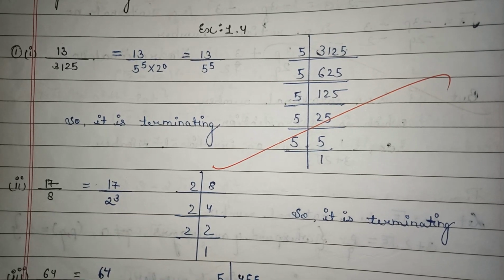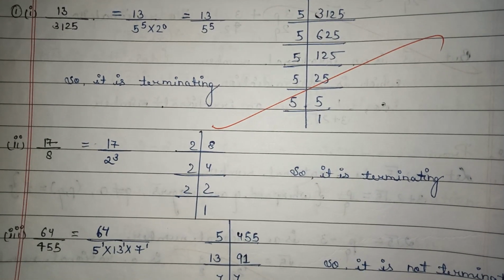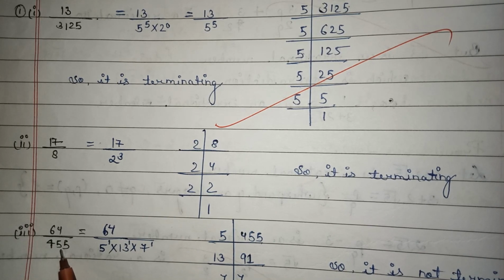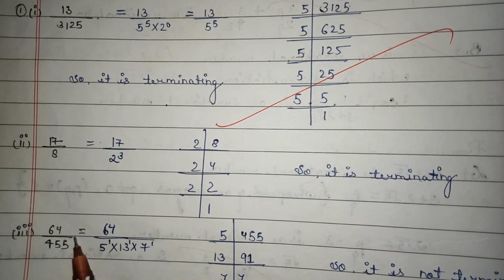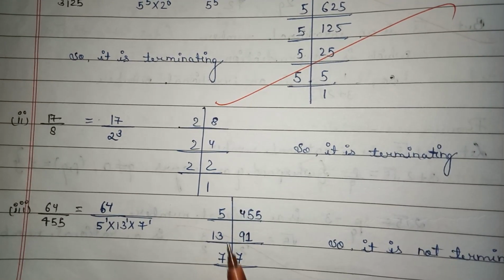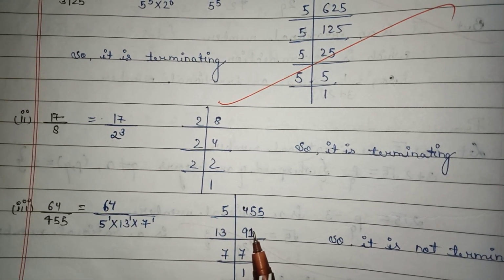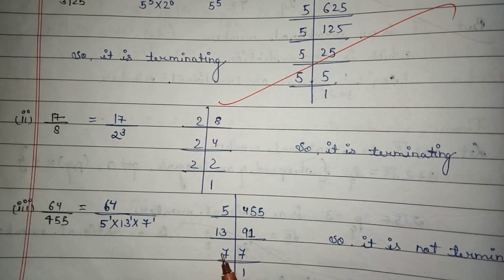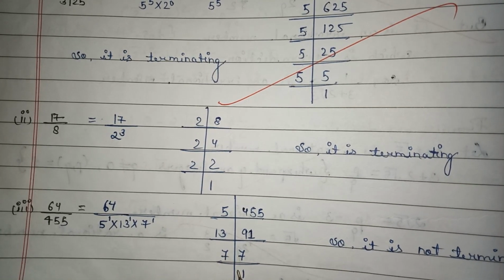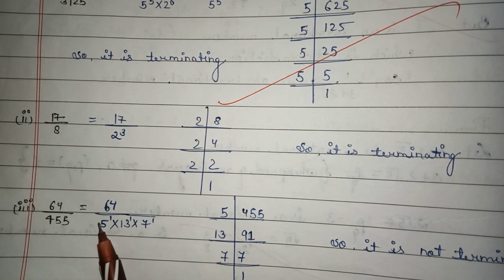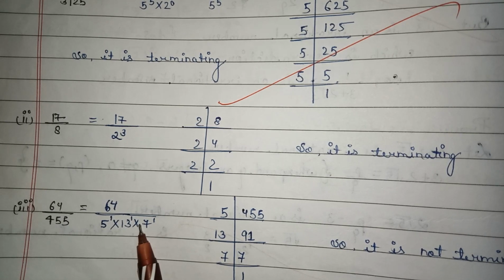Moving to the third part, which says find 64 upon 455. On finding the factors of 455, we see it is divisible by 5, and we get 91, which is divisible by 13. We get 7, which is a prime number, so it is divisible by 7 only. So we can express 455 as 5 into 13 into 7.